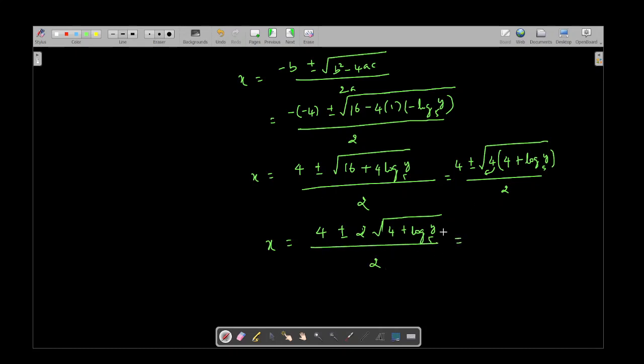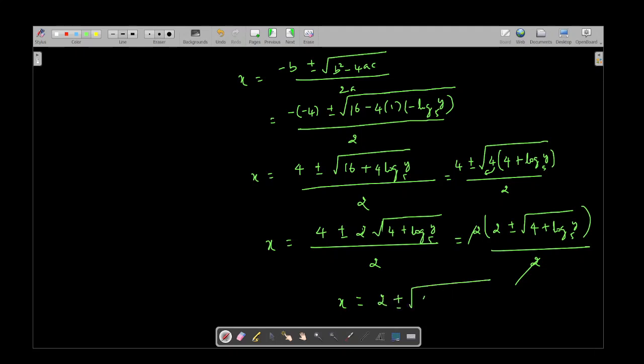I'll take 2 outside: 2 plus or minus square root of 4 plus log y to the base 5, divided by 2. The 2 and 2 cancel, so x is equal to 2 plus or minus square root of 4 plus log y to the base 5. This is my f inverse of x.